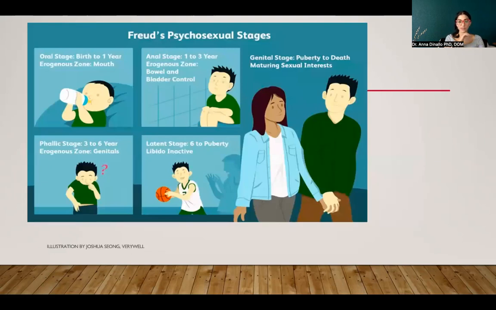But what's important to know here is that the oral stage typically occurs around 1 year of age, kind of like a puppy. They put everything in their mouth, so they're learning their world through the mouth. And then the anal stage, if we're thinking about it, learning how to control your bladder, learning how to listen to bowel movements, the anal stage is really where we're coming into a somatic awareness.